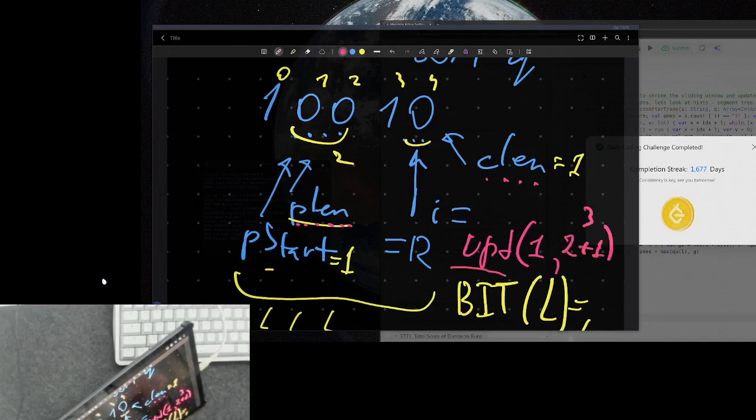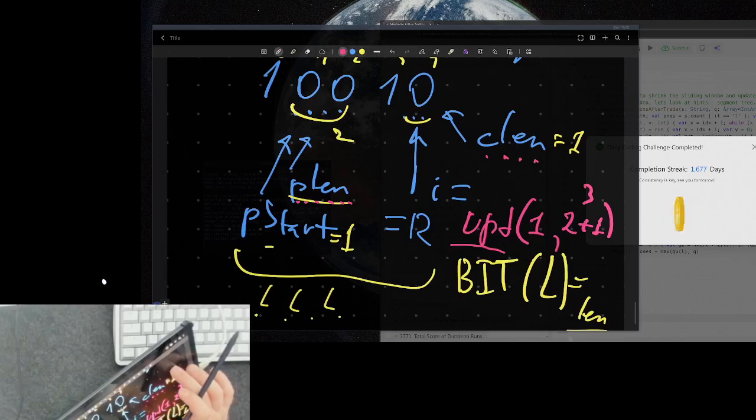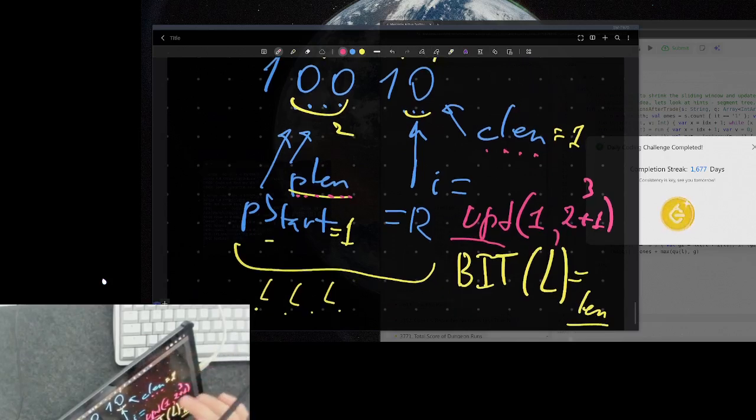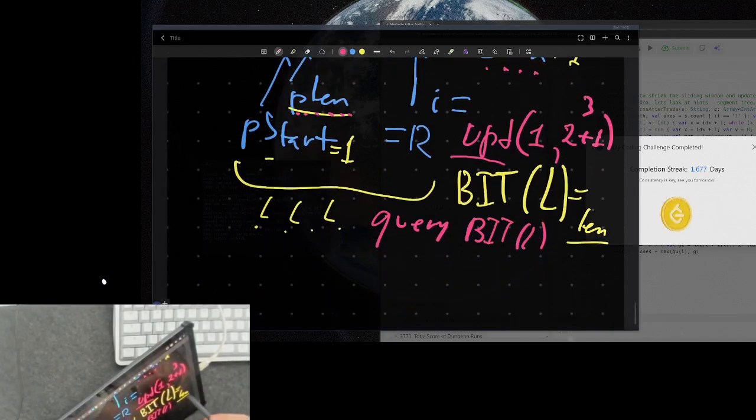This is the update operation. And to actually do the query operation, we just query the binary indexed tree at L, and it returns the maximum, max L.